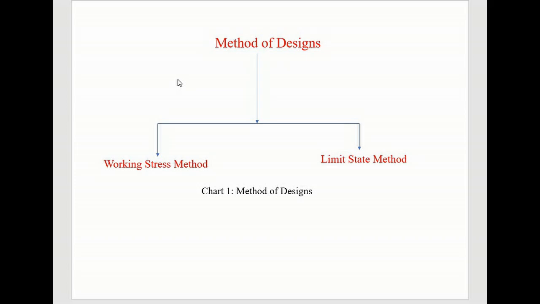Under that we have three different types of method, that is working stress method, limit state method and ultimate load method. Of these three methods, working stress method and ultimate load method are the earlier, old traditional methods. But now all the designs of structural elements follow the limit state method only. Even the RC design guideline, I'm talking about IS 456, depends upon the limit state method.